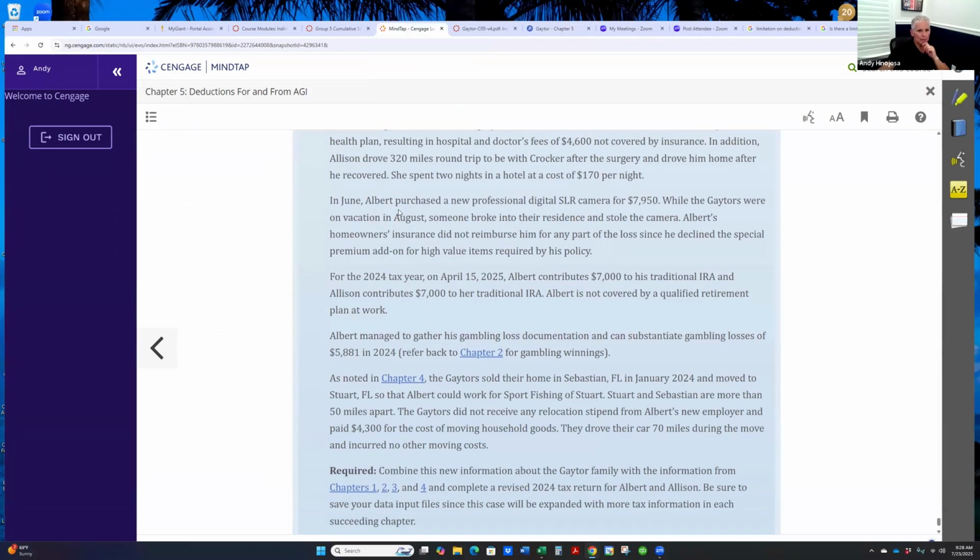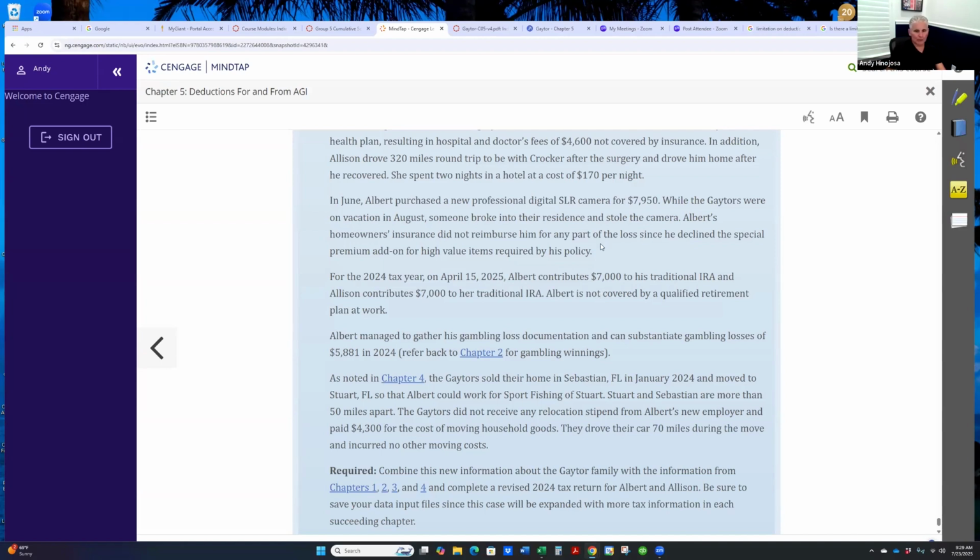All right, in June, Albert purchased a new professional digital SLR camera for $7,950. While the Gators were on vacation in August, someone broke into the residence and stole the camera. Albert's homeowner's insurance did not reimburse him for any part of the loss since he declined the special premium add-on for high-valued items required by his policy.